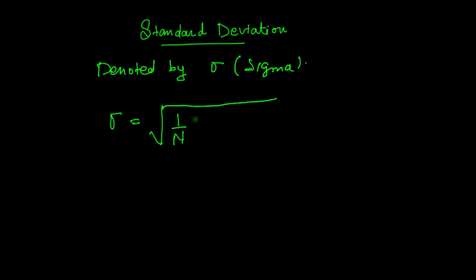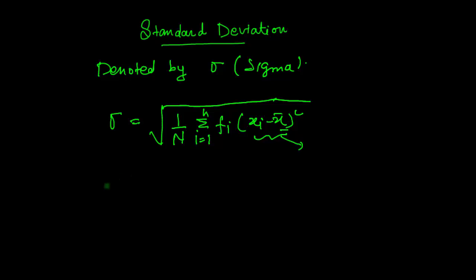1 upon n summation over i going from 1 to n, fi (xi minus x bar) whole square. This quantity is the squares of deviation of the given values from the arithmetic mean, where our arithmetic mean is x bar.